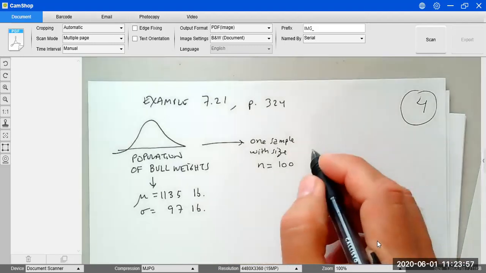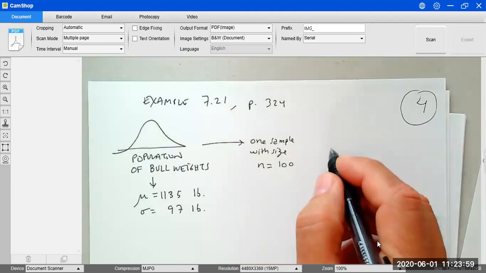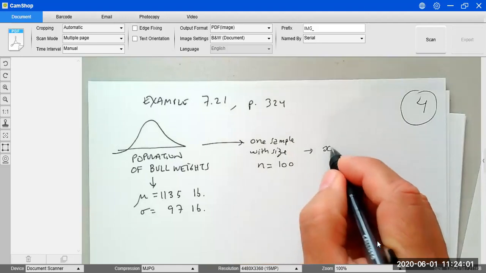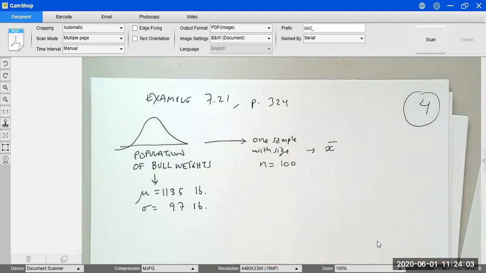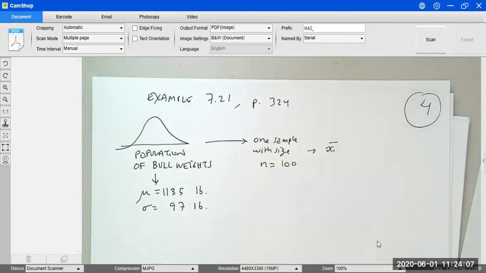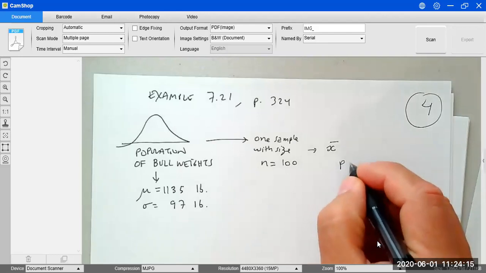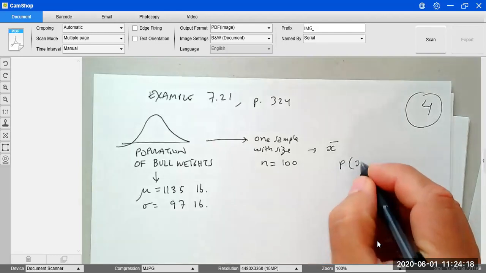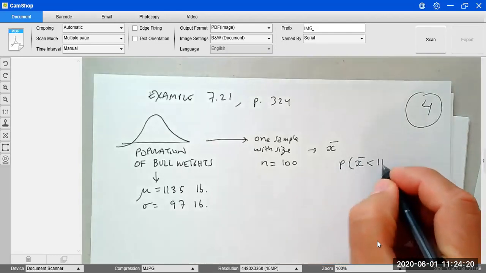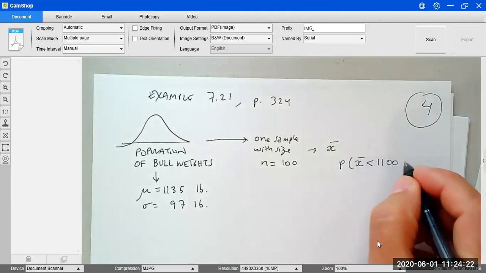So in this case, again, we are interested in the mean of that sample. We want to know the probability that the sample mean is going to be less than 1100 pounds.